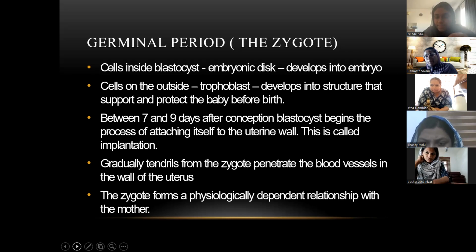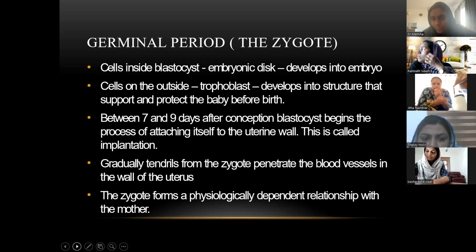There will be tendrils, or structures outside, and these structures get connected with the blood vessels of the uterus. From that time, the relationship between the mother and the baby starts after implantation.